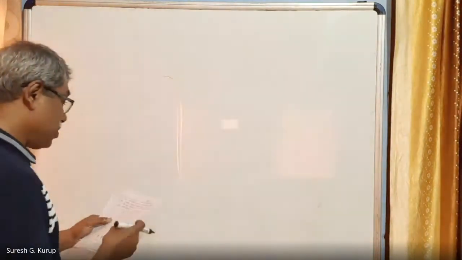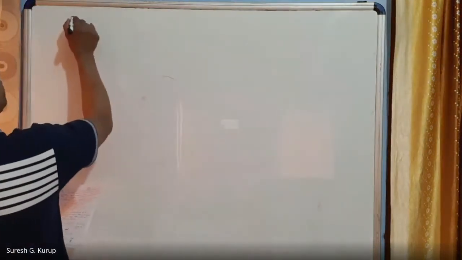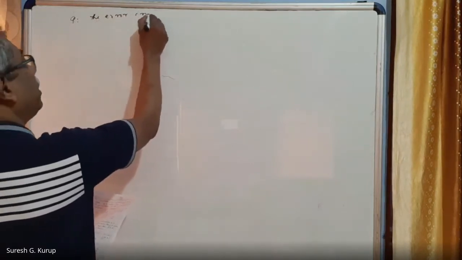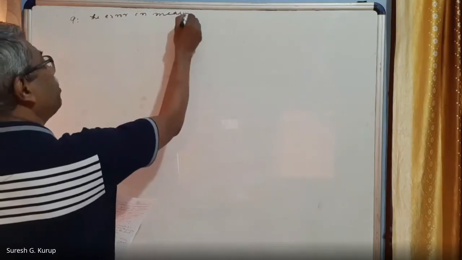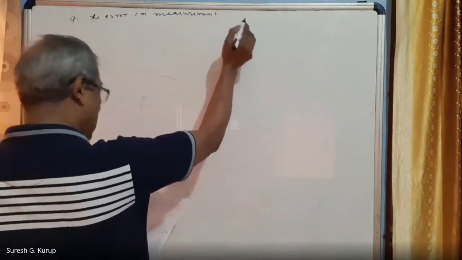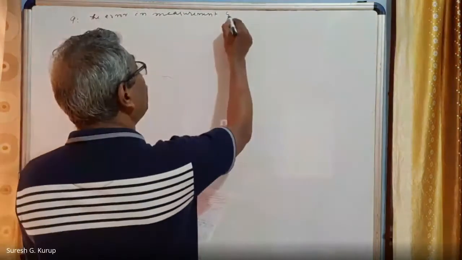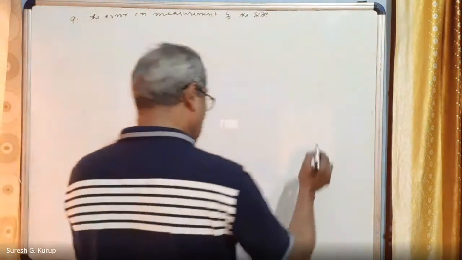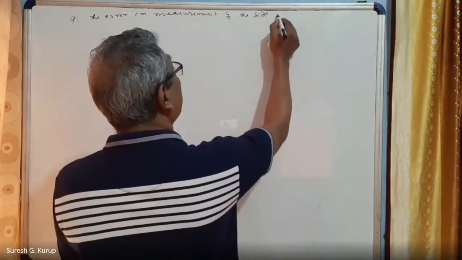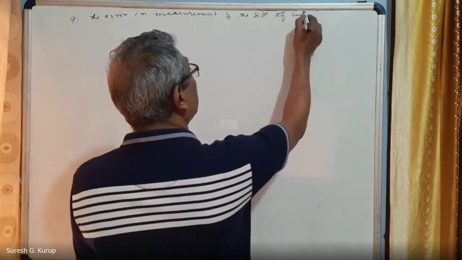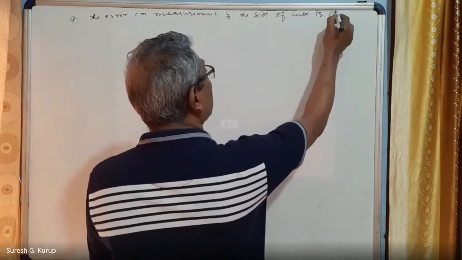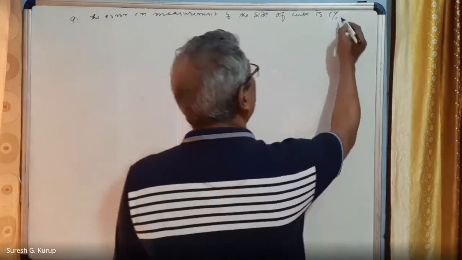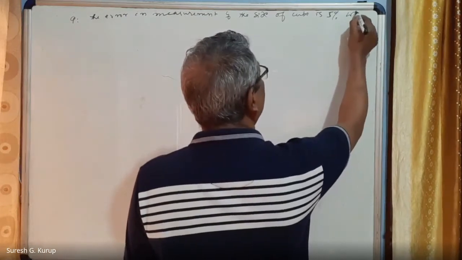Right. The question: the error in the measurement of the side of a cube is 5%.